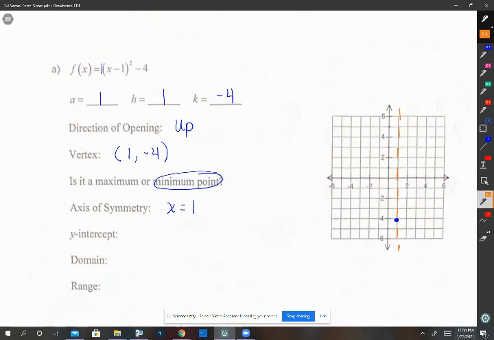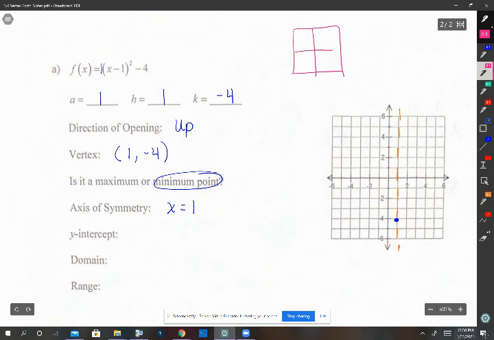So if I want to use the y-intercept to graph it, then I need to figure out what this equation is in standard form. And the easiest way to do that is to multiply, remembering that this 2 means that there's 2 of them. So this is x minus 1 and x minus 1.